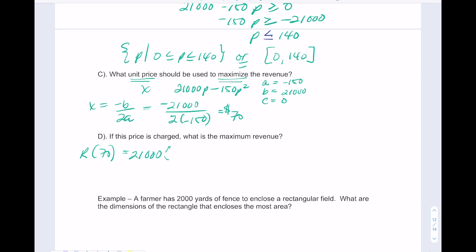This should be 21,000 times 70, and then minus 150 times 70 squared. And when you type that in, you end up getting $735,000. So that's the maximum revenue.